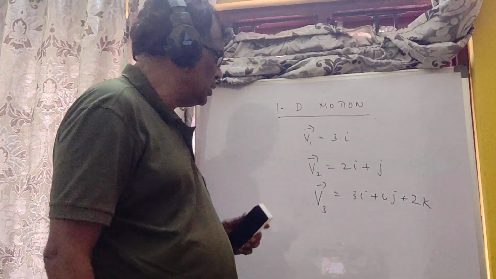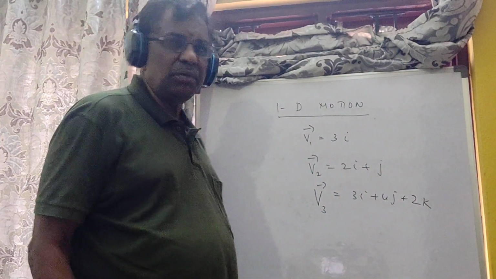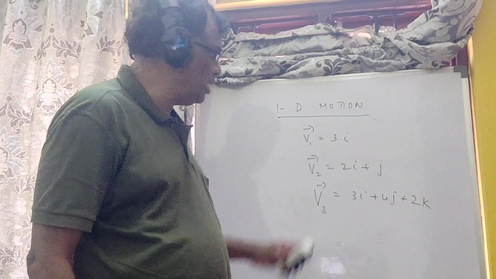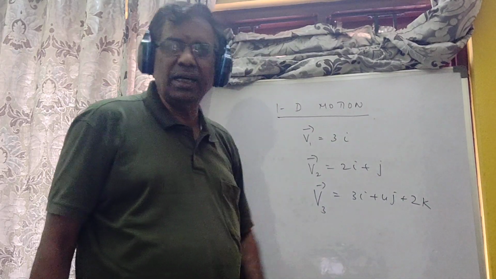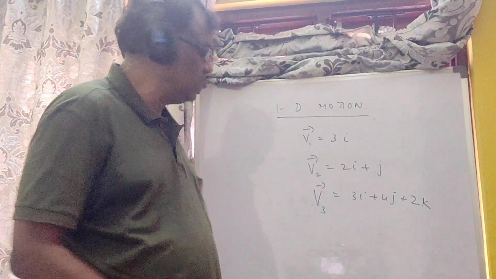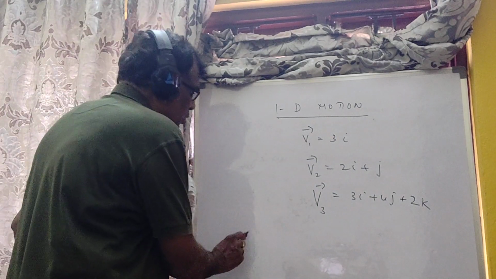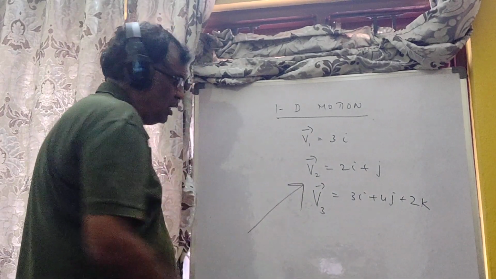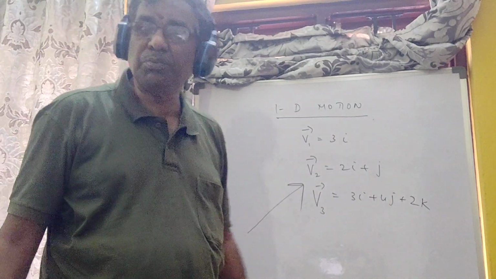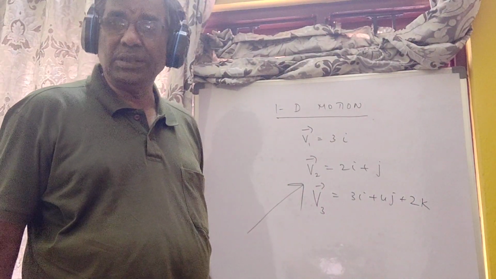Why? Because 1D motion means straight line motion. A straight line motion can be in a plane, i plus j. If this is i, this is j, I can draw this as i plus j. That is possible.